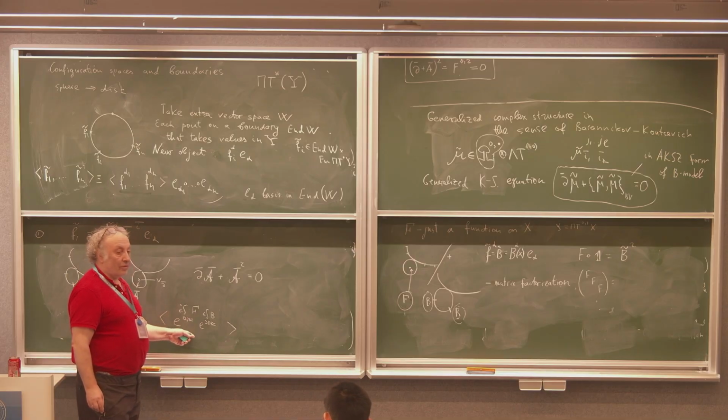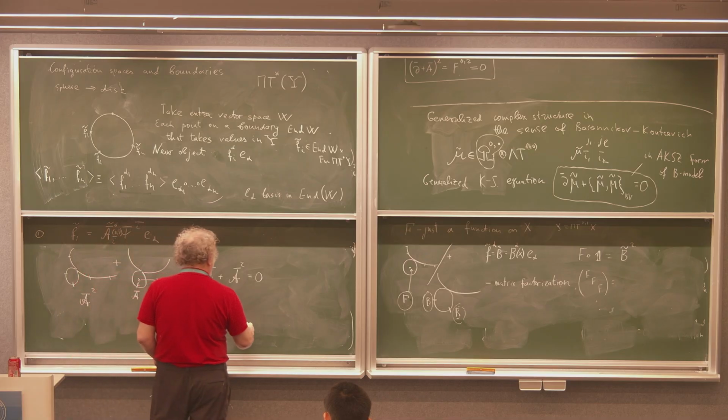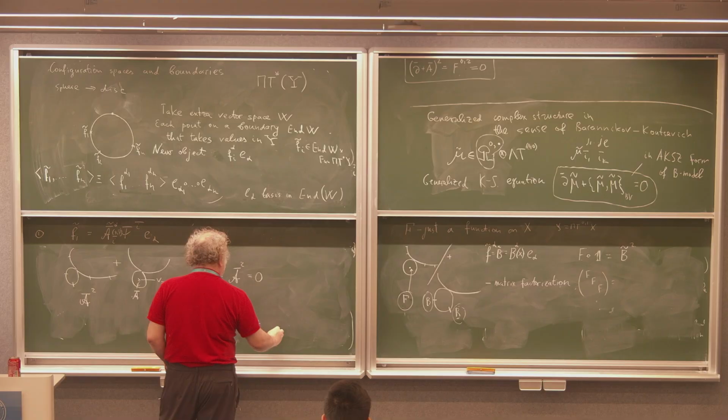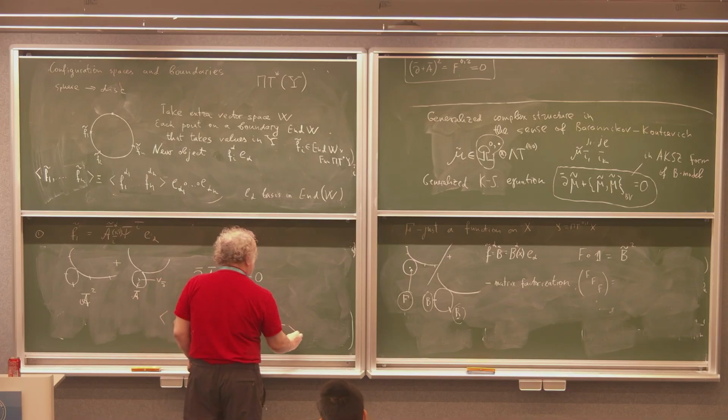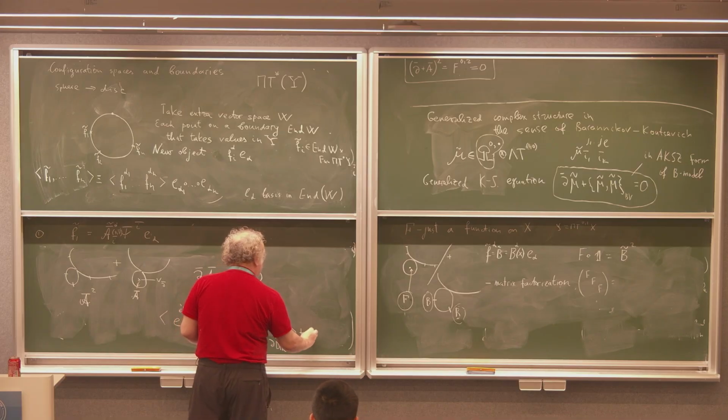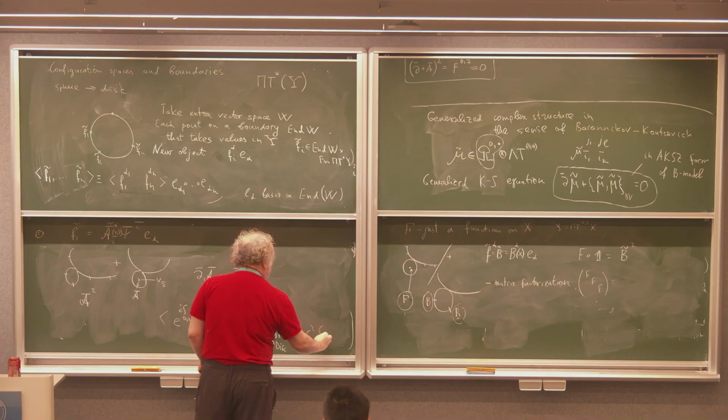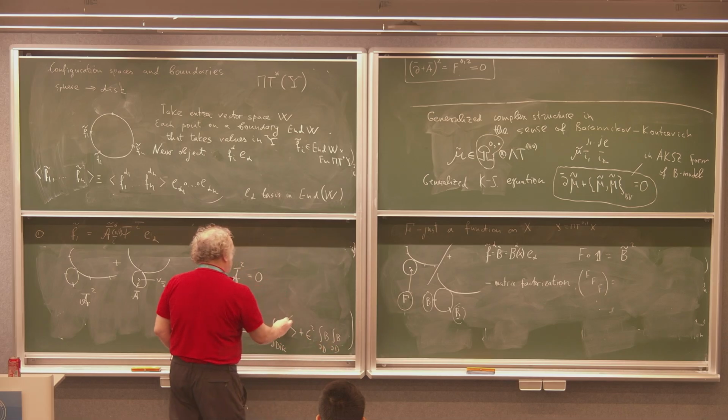So in the order of epsilon squared, it goes as F on the boundary of the disk plus epsilon squared, and here there are B and B.